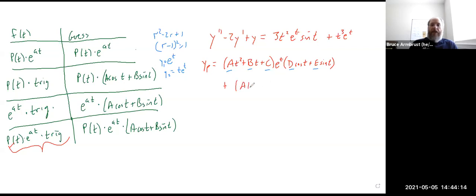So I need a, oh, I can't use a, I already used a. Where are we? Oh, we're on f. Okay, so this is going to be f t cubed plus g t squared plus h t plus i, times e to the t.